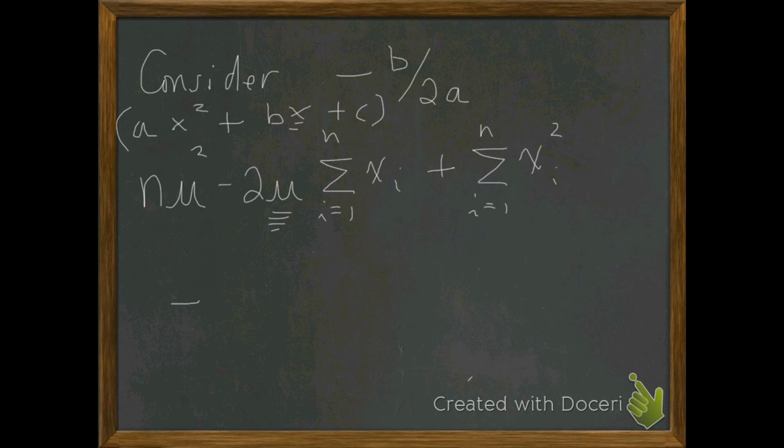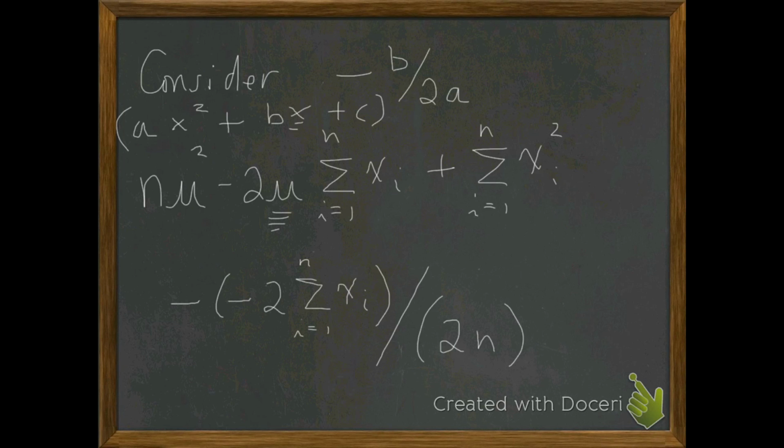So our negative b up here would be negative, negative 2 sum from i equal 1 to n x sub i over the quantity 2 times a, which is n.